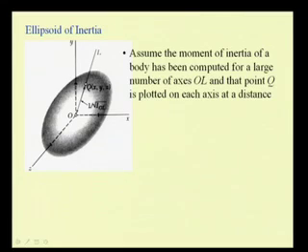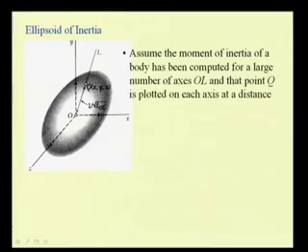We plot the point along that corresponding axis at a distance of 1 by root of IOL, that is the second moment of this mass with respect to that axis OL.